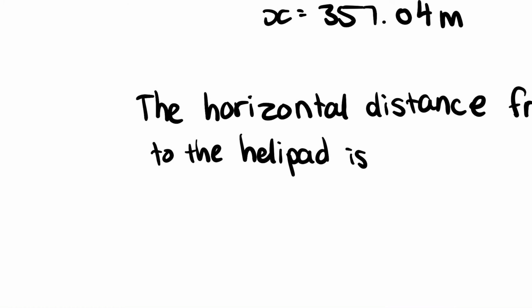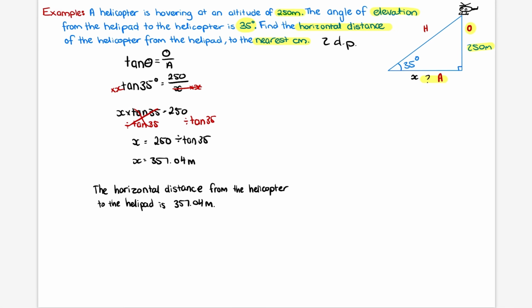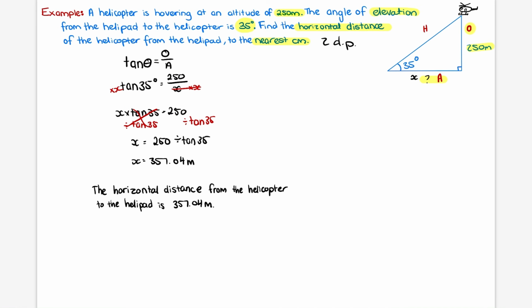And then this is where we state our answer. The horizontal distance is 357.04 meters. And that's how we go about answering these type of questions.